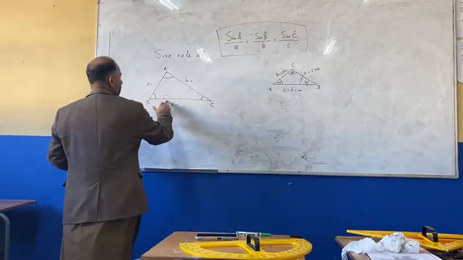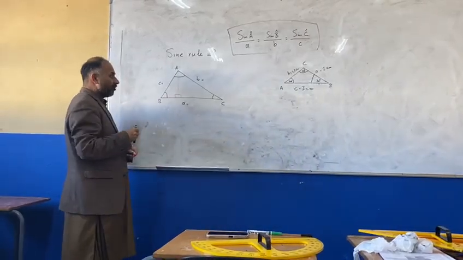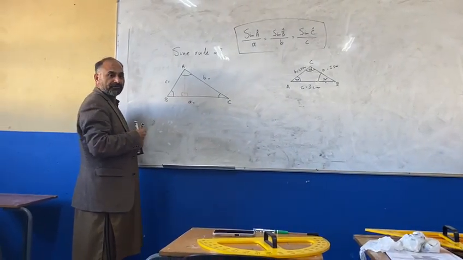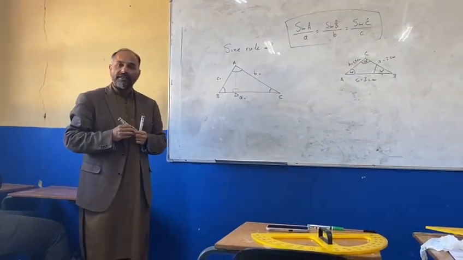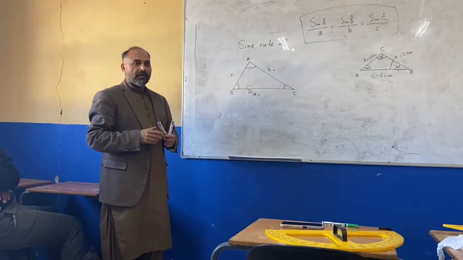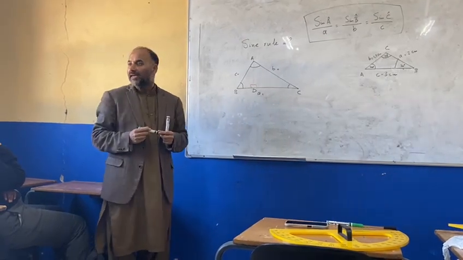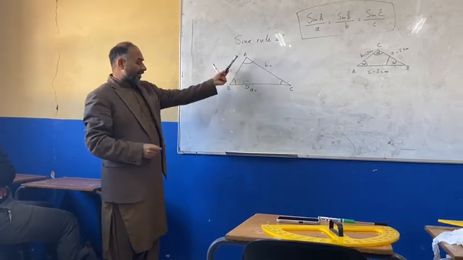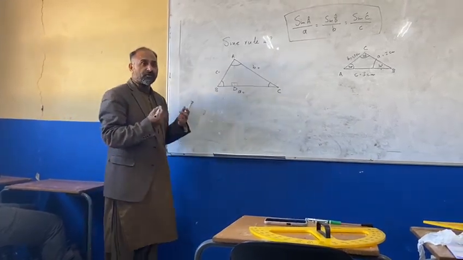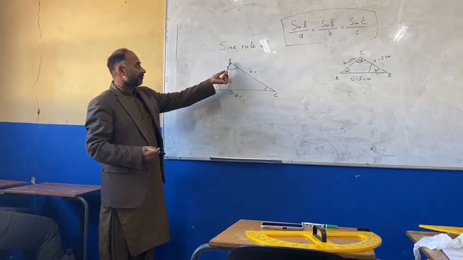Let's give this point a name. Which name do you want to give? D? I don't have a problem. If you say D, we can give the name D. You said you see two right angle triangles. Can you name them?